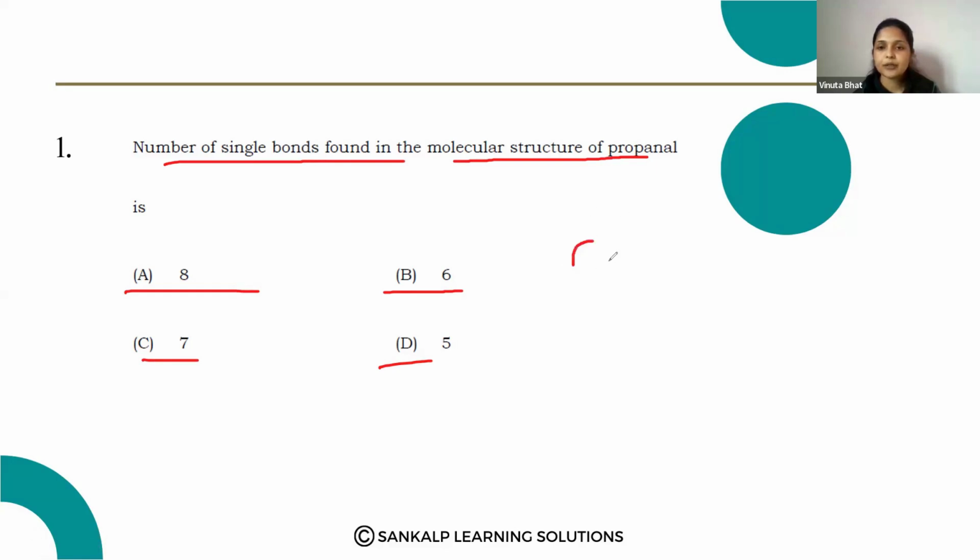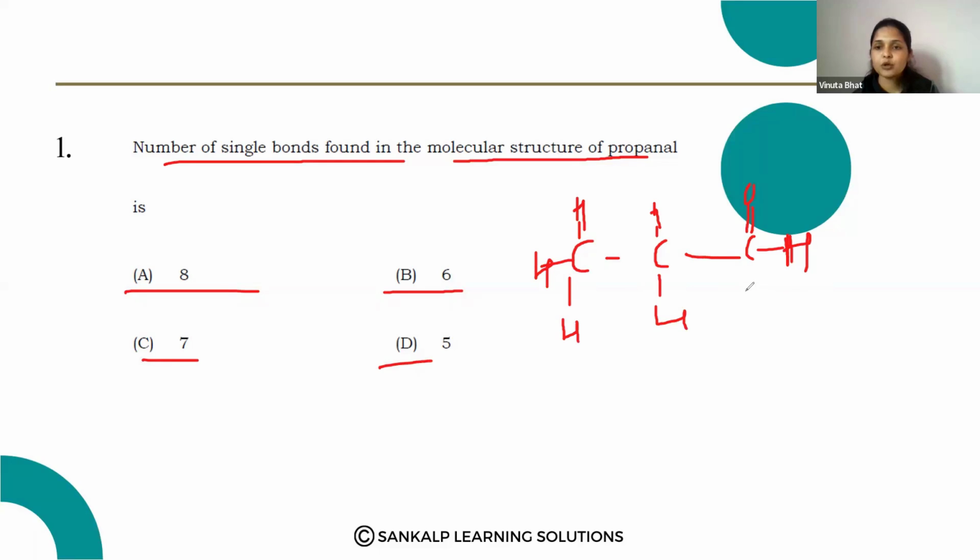Propane means it has 3 carbon atoms and hydrogen like this, and the OH group is present. So propanol is an alcohol. So total 1, 2, 3, 4 bonds.